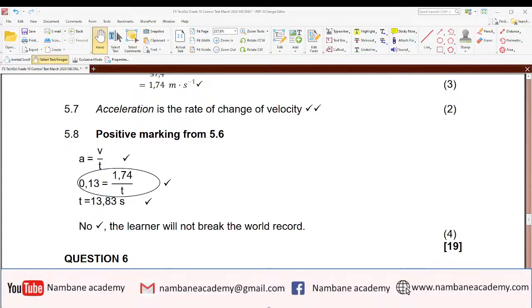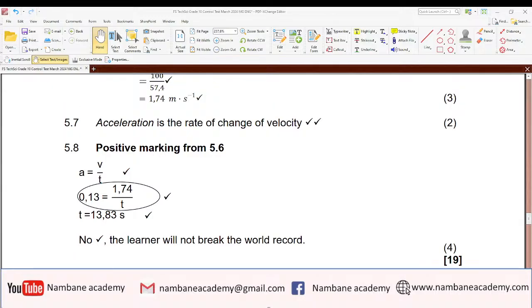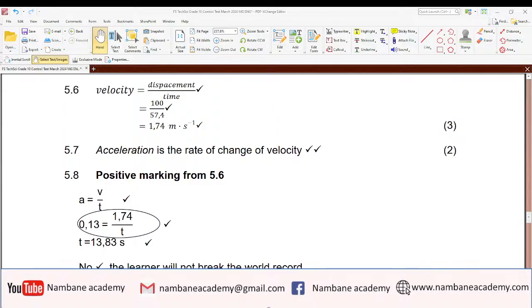Ladies and gentlemen, we can only give 1 mark for the formula, 1 mark for the substitution, and 1 mark for the correct final answer according to the answer that the learner got at 5.6. But we will not give this mark of no. Then it means it will be 3 out of 4. Ladies and gentlemen, and that is now everything under question 5.